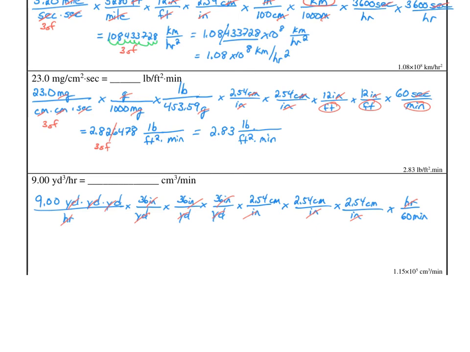So the units that survive are going to be units of cubic centimeters per minute. So we've set things up correctly. We get our calculator answer and then round to the appropriate number of sig figs, which in this instance is 3.